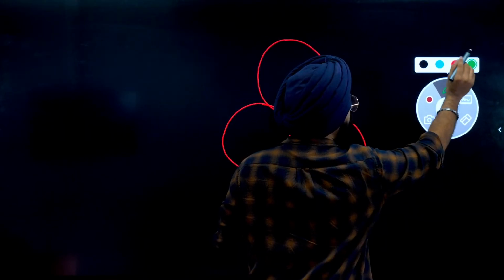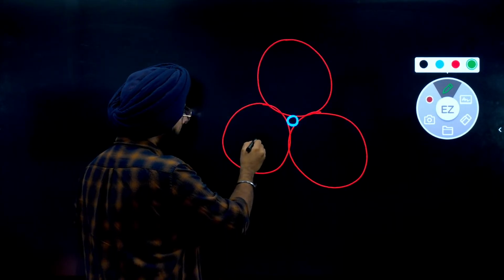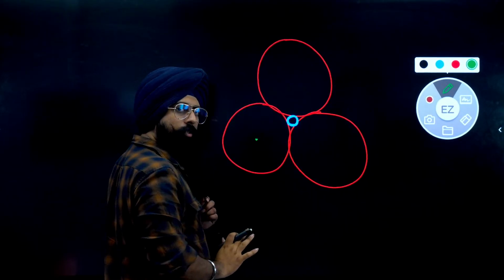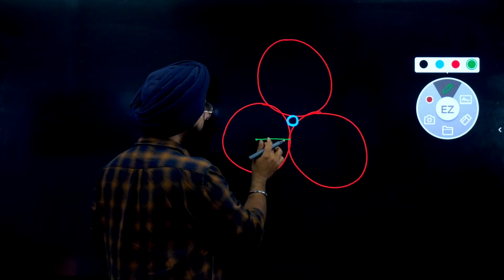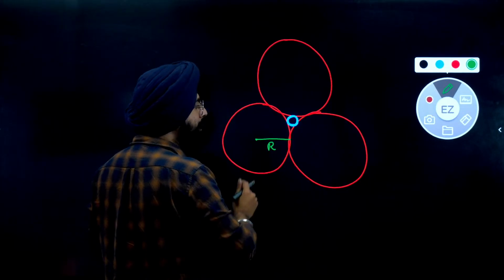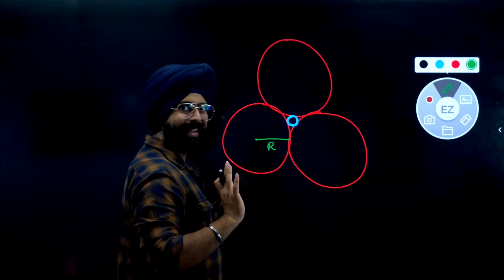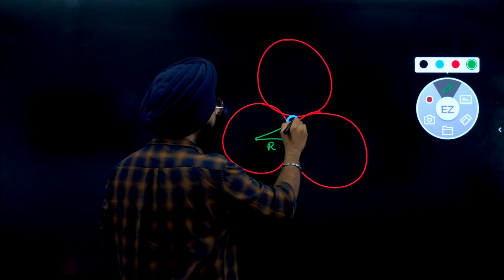Now, my dear friends, I'll do some geometry with you. We'll do some geometry, some trigonometry over here. Take the midpoint of one of these circles. How much is this distance? From the midpoint to the edge of one circle, this is the big radius R. Now, can you see how much is this line equal to?